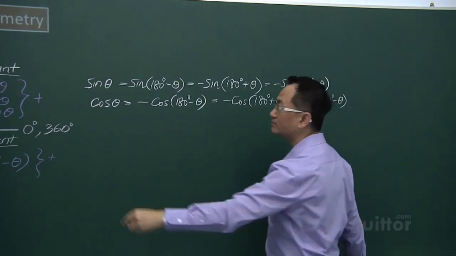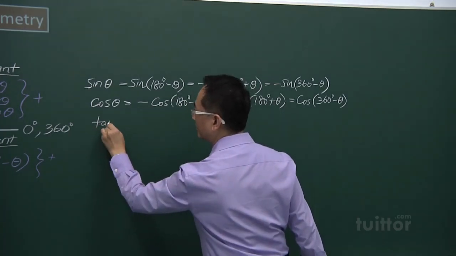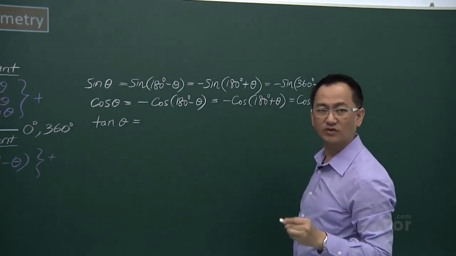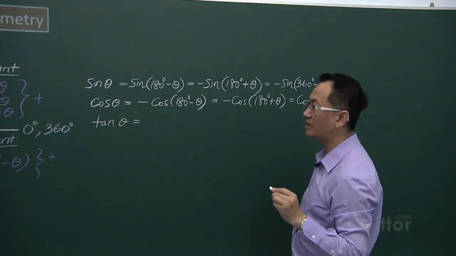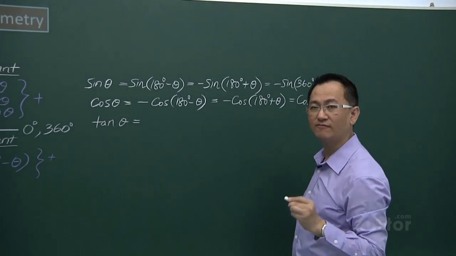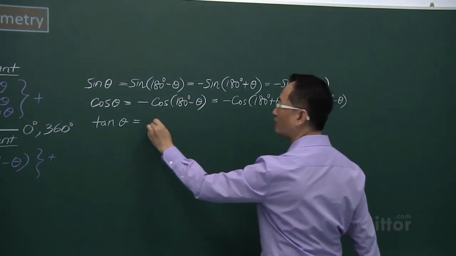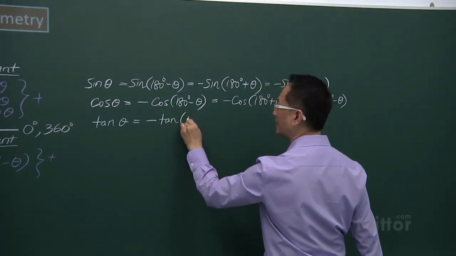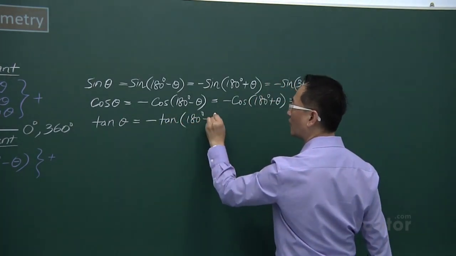Come to tangent. Tangent theta. Well, in the second quadrant, the tangent function will give me a negative value. So negative tangent the second quadrant angle.